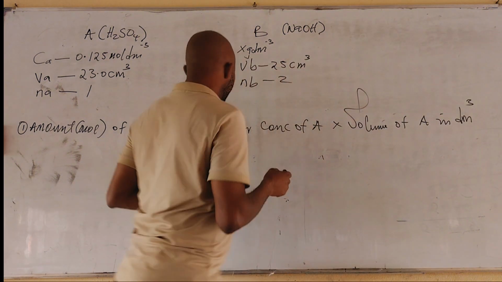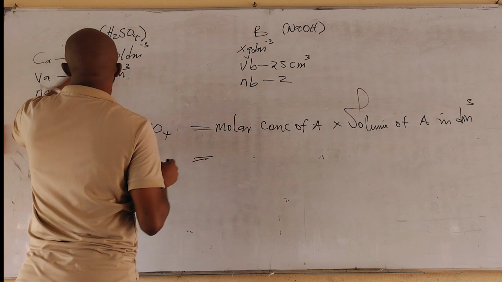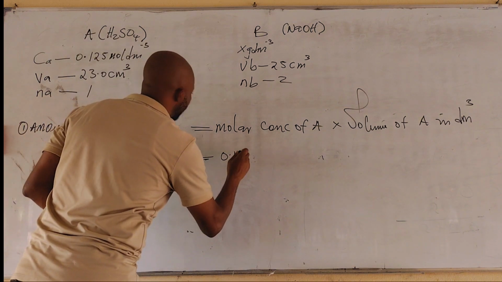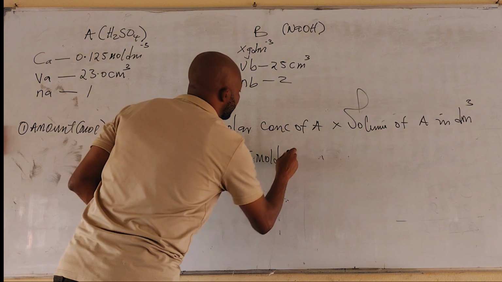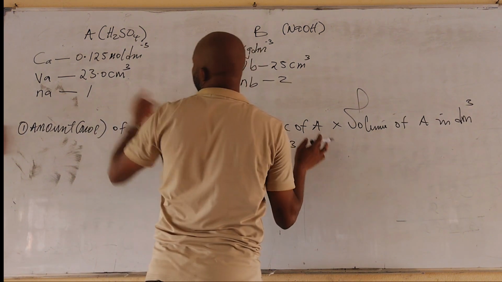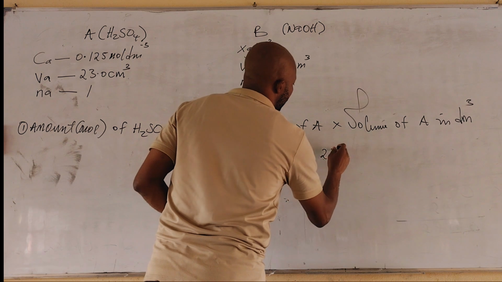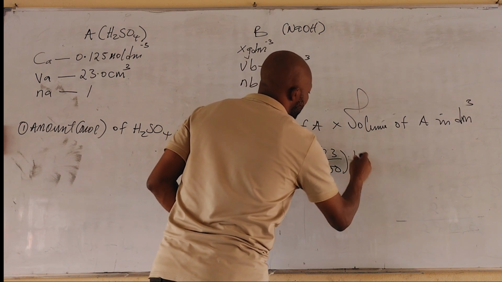The volume is always in dm3. The molar conc of A is 0.125 mole per dm3 times the volume is 23 over 1000 dm3.